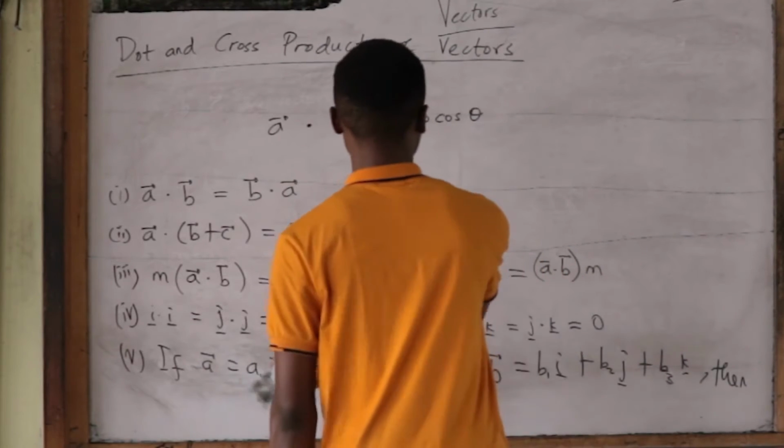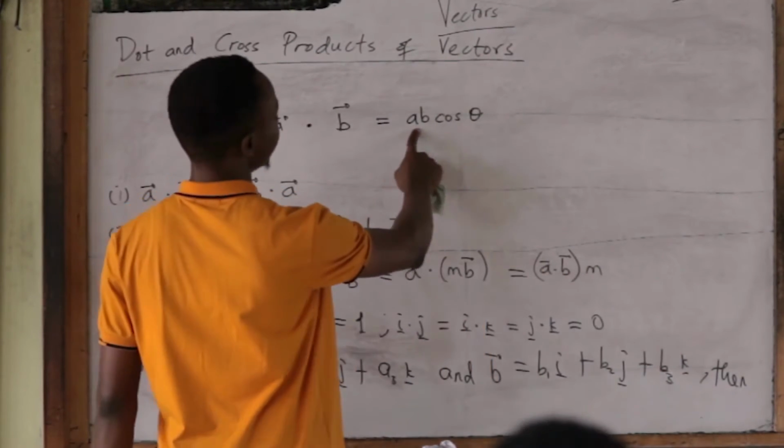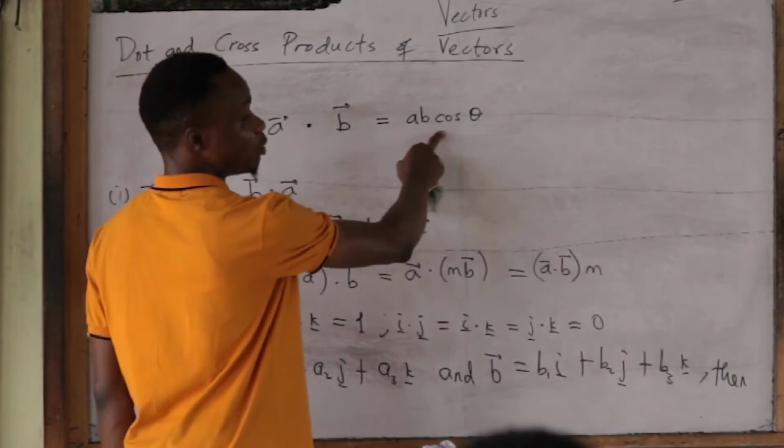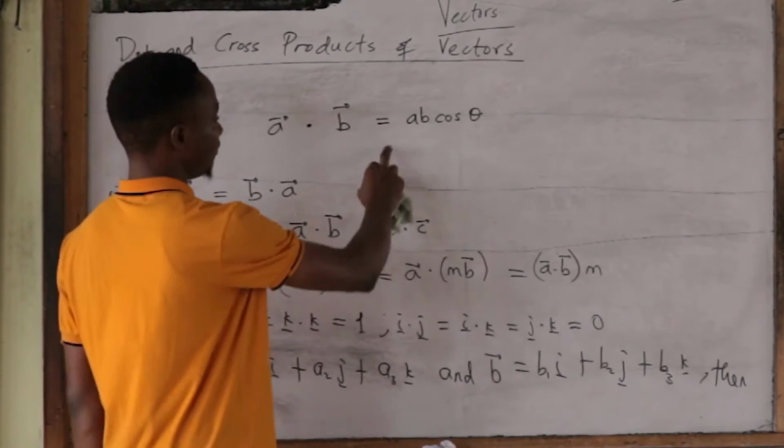We know them in magnitude form. Of course, if you know the magnitude of A and magnitude of B, and the angle between them, or we desire the angle between them, you can do this.